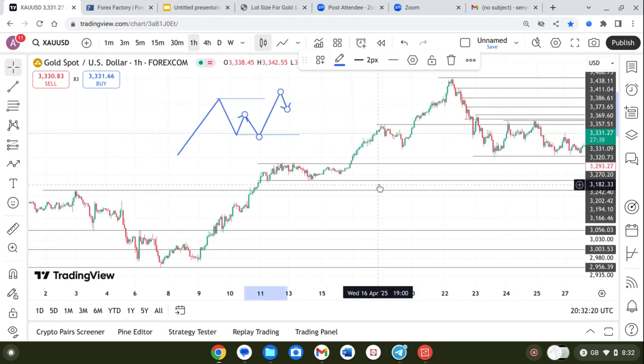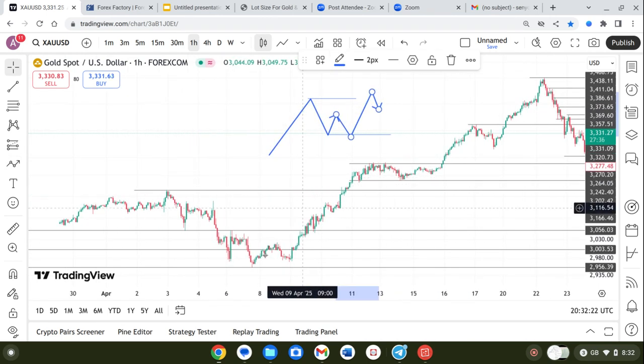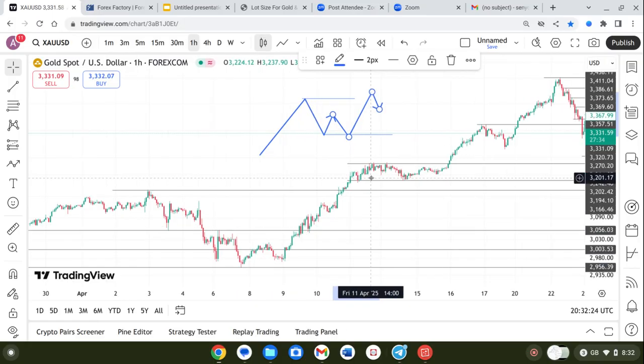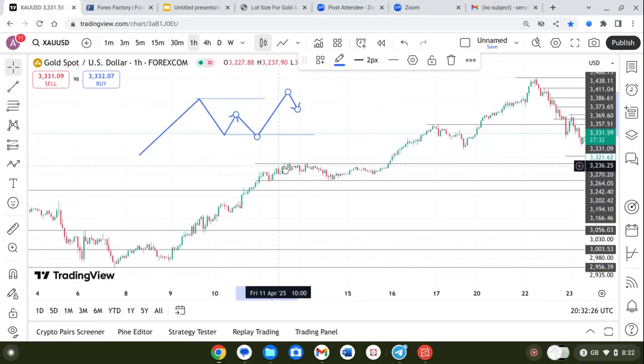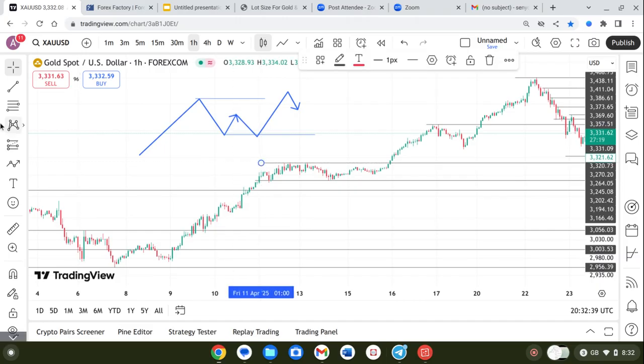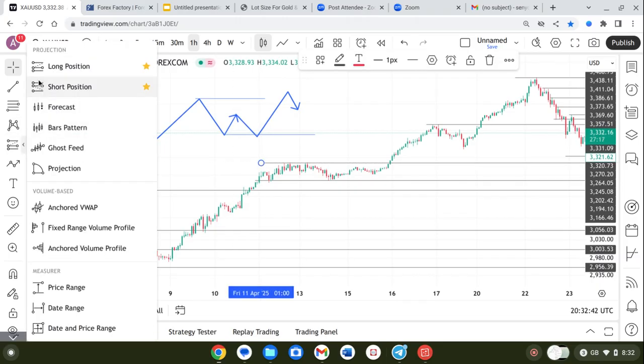Let me show you examples of what I mean on this. Look at what happened here. This is on 1 hour. Market was here, this was a high, came a little bit down, tried moving up. The moment it came to touch this high again, it dropped, gave us some good amount of sales, though the market is in an uptrend.